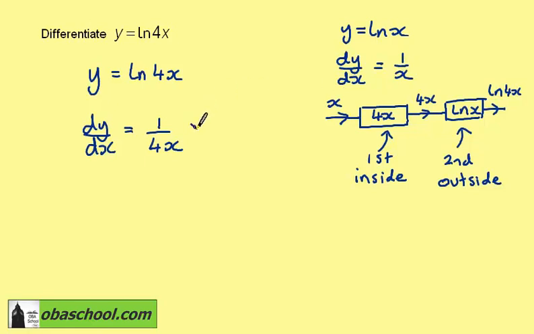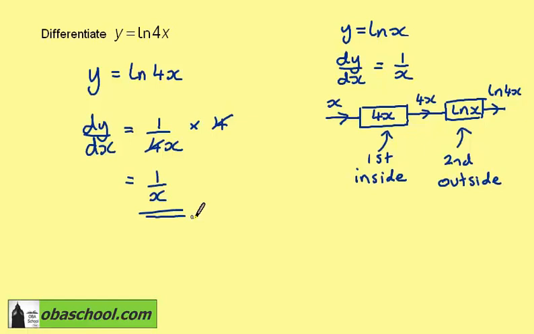We then need to multiply by the differential of the inside function. If we differentiate 4x, we get 4. The 4s will cancel, leaving us with 1 over x. So the differential of ln 4x is 1 over x.